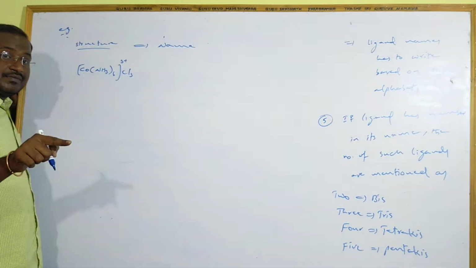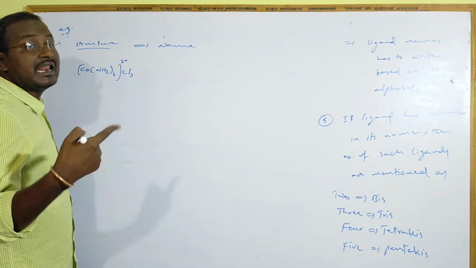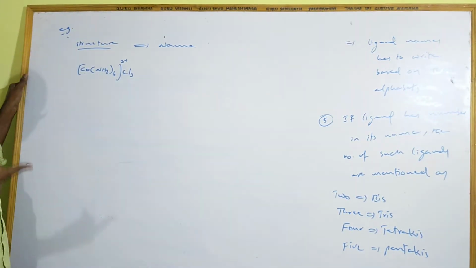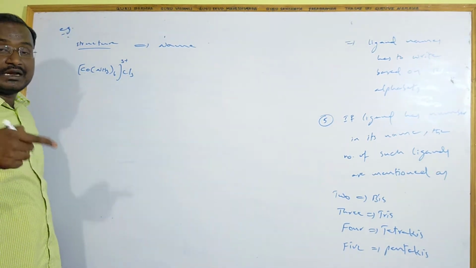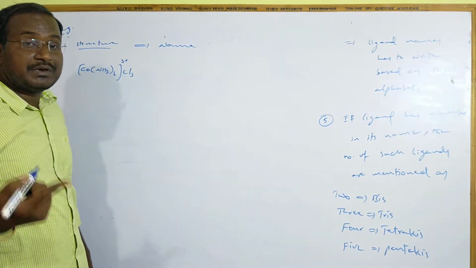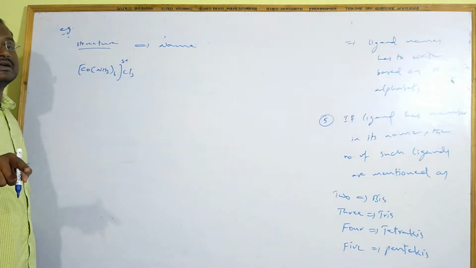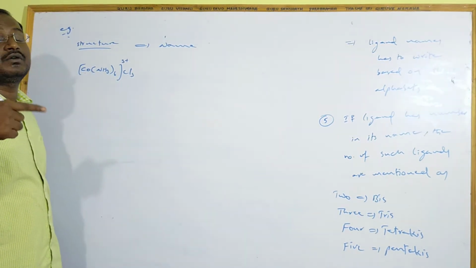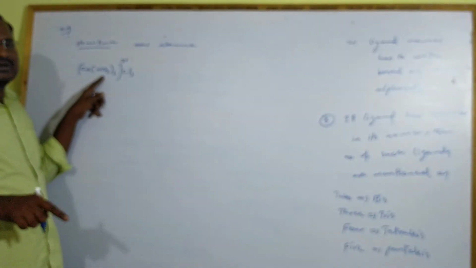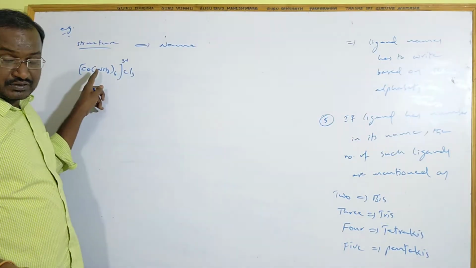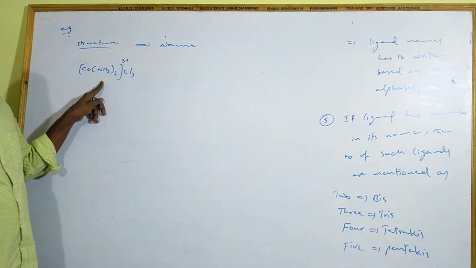In writing the name of the complex, first you have to say the ligands. There you also have to identify whether it is homoleptic or heteroleptic. Homoleptic means only one type of ligand is present. Here only 6 ammonia molecules, only one type of ligand, are there, so it is a homoleptic complex.